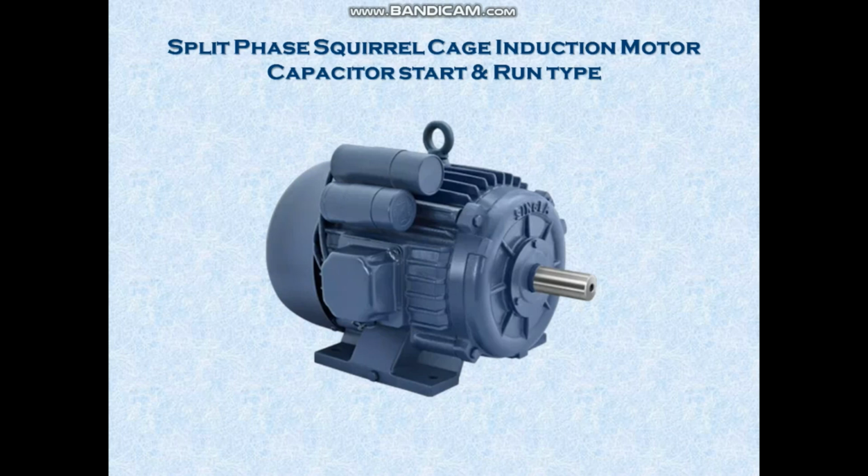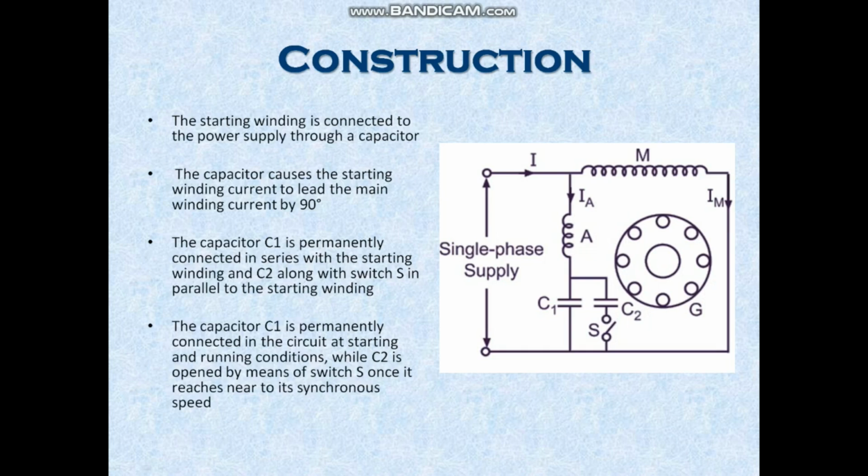Split-phase squirrel cage induction motor, capacitor start and run type. Here, the starting winding is connected to the power supply through a capacitor. The capacitor causes the starting winding current to lead the main winding current by 90 degrees. The capacitor C1 is permanently connected in series with the starting winding, and C2 along with the switch S is in parallel to the starting winding.